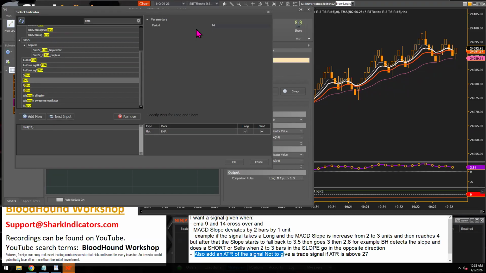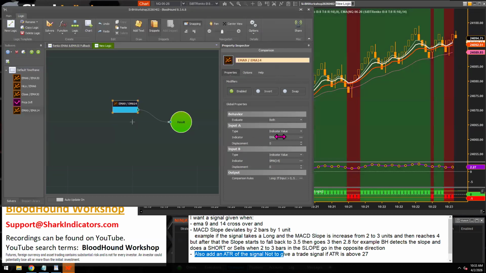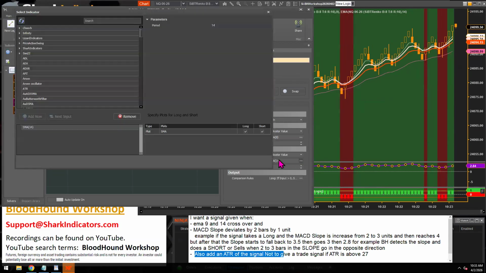There it is. All right, so there is our EMA 9 in input A. So input B is almost always the slower moving average. So this will be our EMA 14.